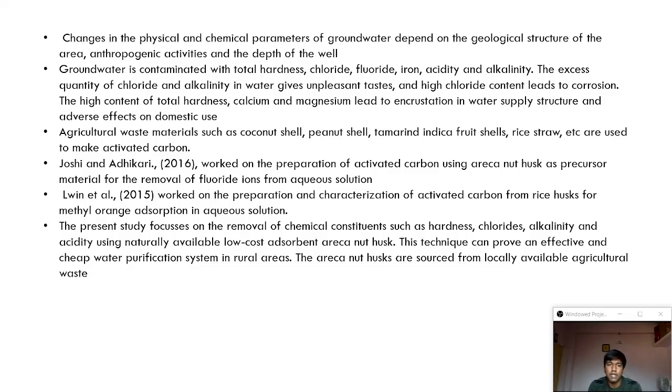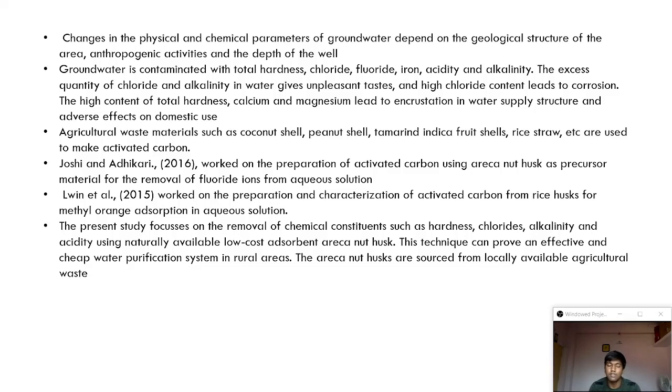Groundwater is contaminated with total hardness, chloride, fluoride, iron, acidity, and alkalinity. The excess quantity of chloride and alkalinity in water gives an unpleasant taste, and high chloride content leads to corrosion. So, to combat the toxicity of water, we use other chemicals such as chlorine and other alkalines.